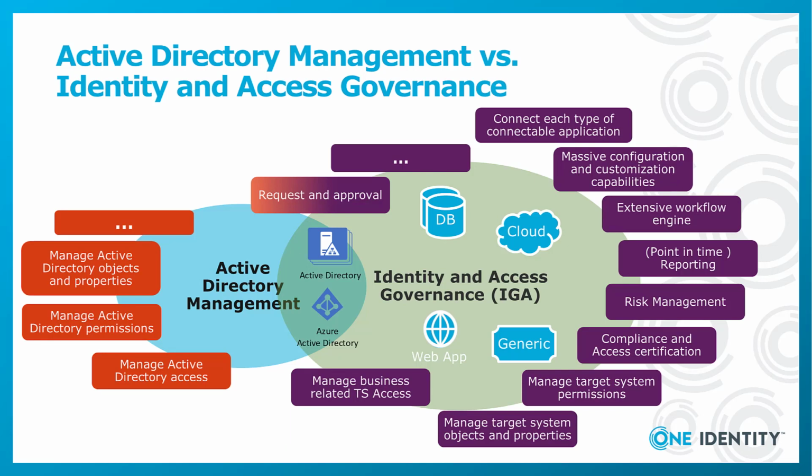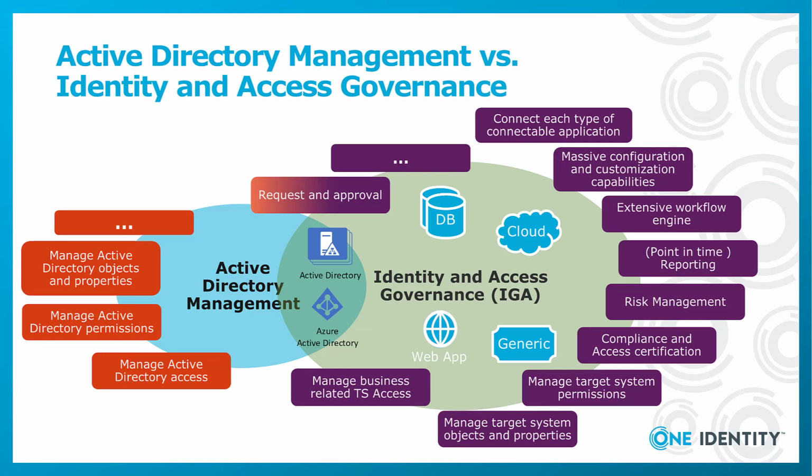And then the complete governance part of the identity and access governance solution differs from Active Directory management systems. Things like compliance rules or, for example, attestation, which means the review of given permissions. In the same way, the management of the permissions of the identity and access governance solution itself. Massive configuration and customization capabilities allow adapting all processes a company might have.